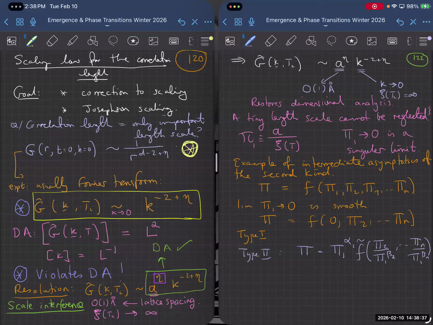And this is how we defined the type 2 asymptotics. So here, these pi's are the dimensionless groups.